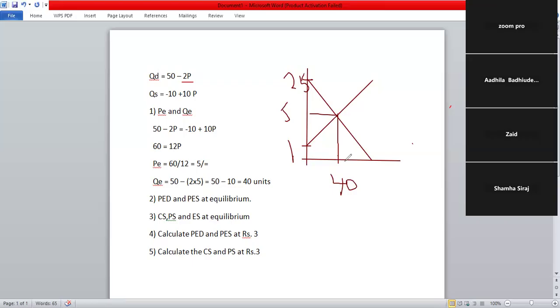Right. So now at the price of 3. So 3 rupees will be somewhere here.